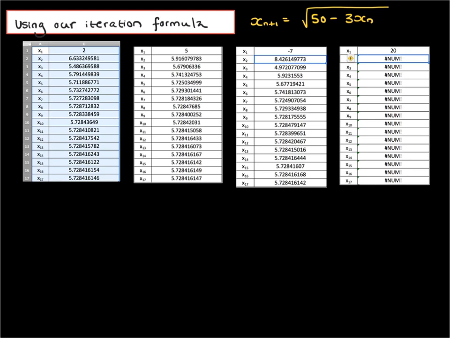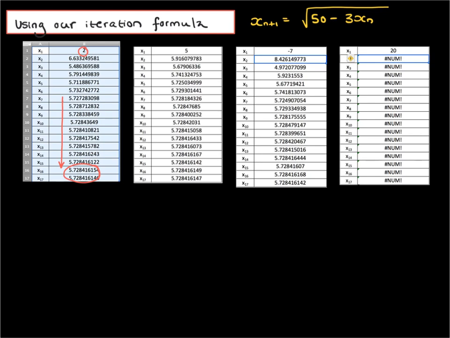Now, previously when we used it, we started with x_1 equal to 2, and we found that using the iteration formula created a sequence of convergent terms which gave us an approximate answer to our quadratic equation of about 5.728.